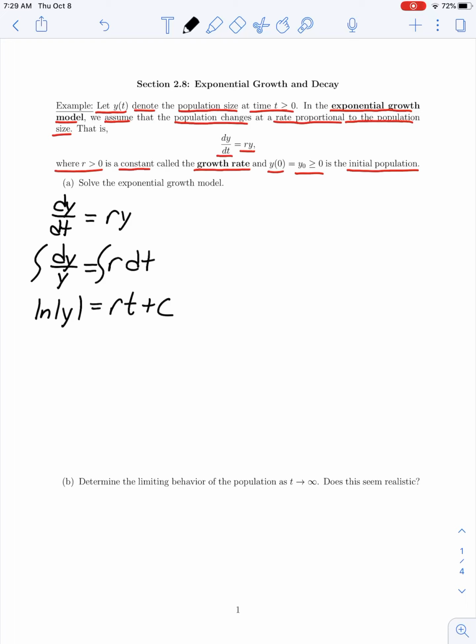So to solve for y, I can exponentiate on both sides. So I would have the absolute value of y is e to the rt plus c power.